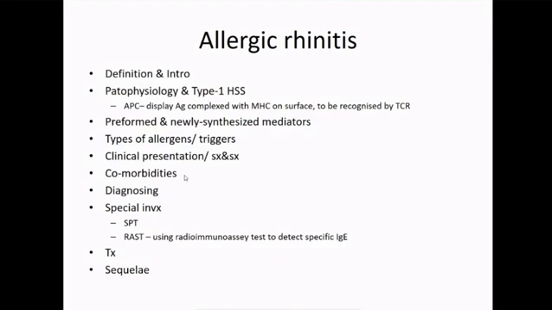The other way, if you take 100 asthmatic patients, 70 to 80% will have concomitant allergic rhinitis. So the comorbidities coexist. So allergic rhinitis, the most common comorbidity is asthma, and what else? Skin eczema, and allergic conjunctivitis.